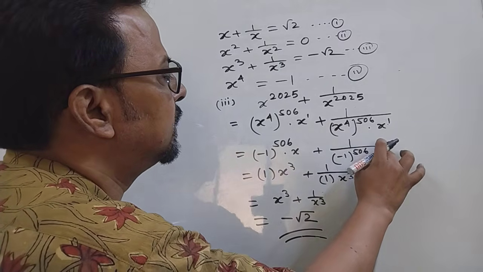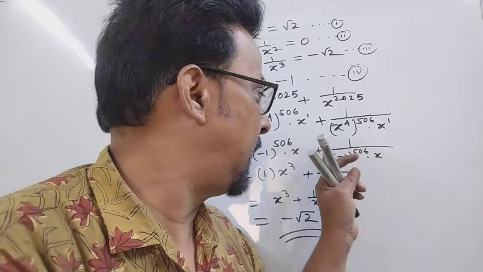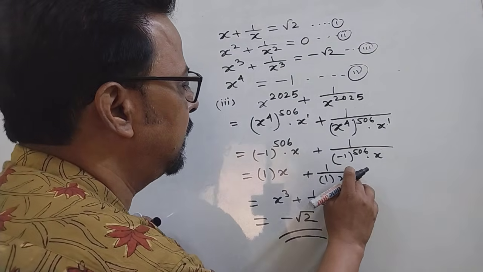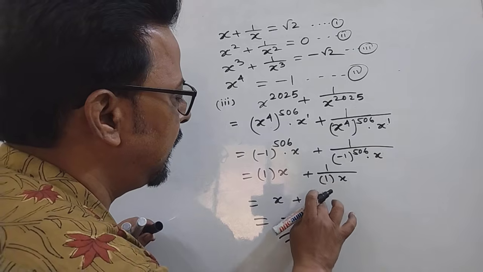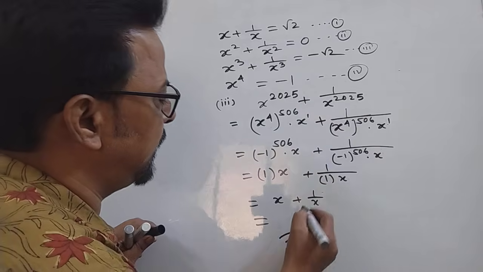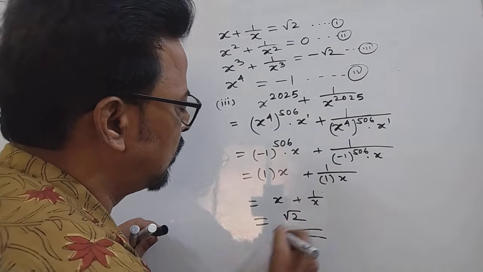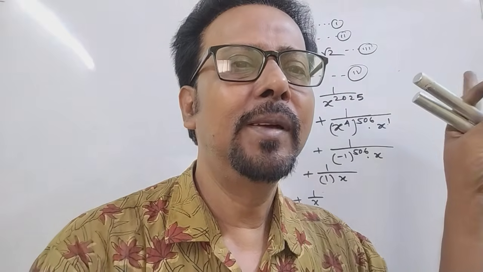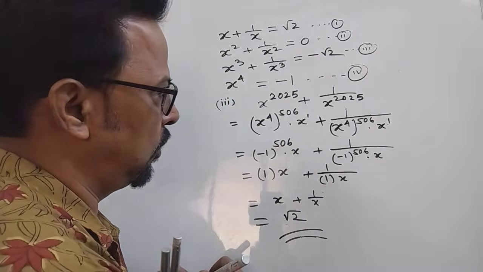This will be just x, because this is 2024 plus 1, 2025. So this will be x only. So this will be x plus 1 by x. You know the value of x plus 1 by x is root 2 only. So your answer is root 2. Clear? So x^2025 plus 1 by x^2025 will be root 2.